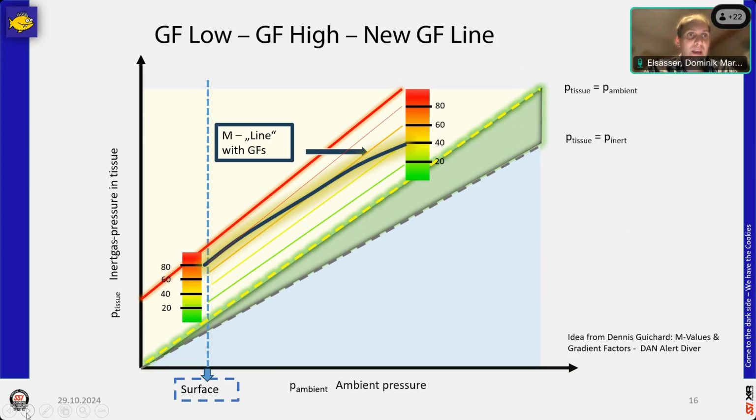From that comes this famous pair, GF low and GF high. The GF low, the first gradient factor, is the gradient factor that you allow yourself to reach before you do your first stop, and that would be 40 here in this example. And the second factor, say you dive a GF 40-80 profile, would be 80%. That is what you allow yourself while reaching the surface.